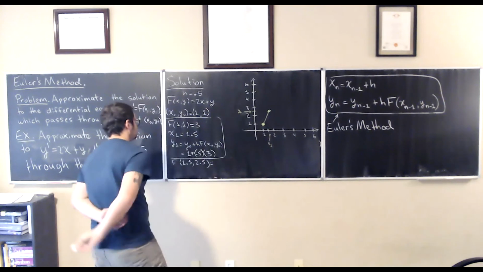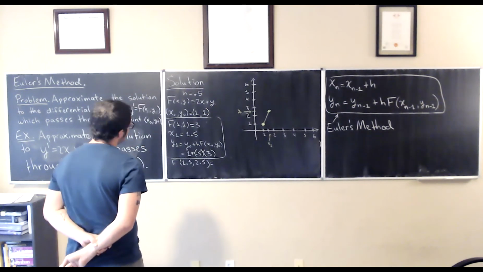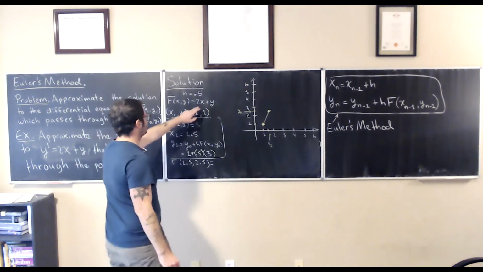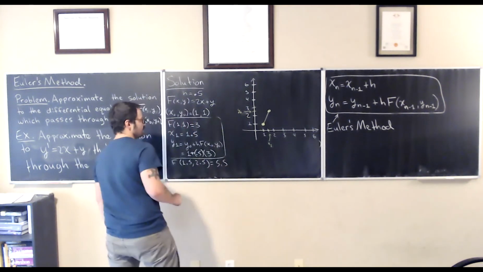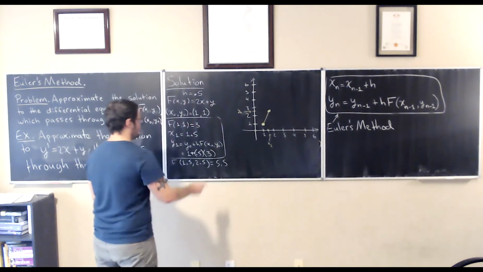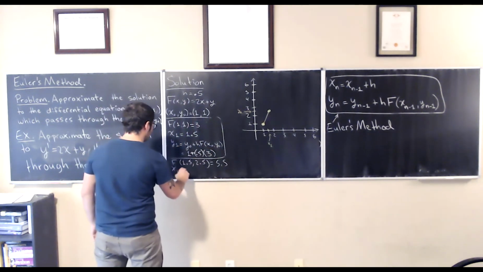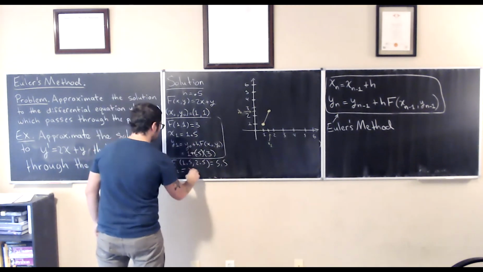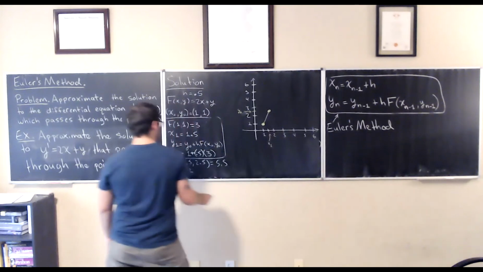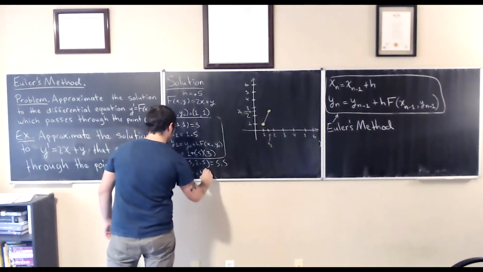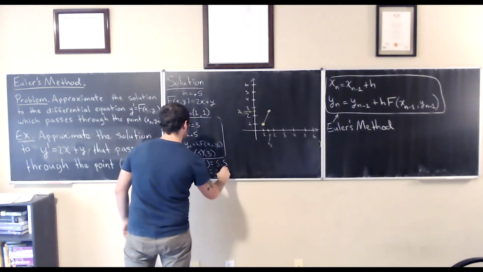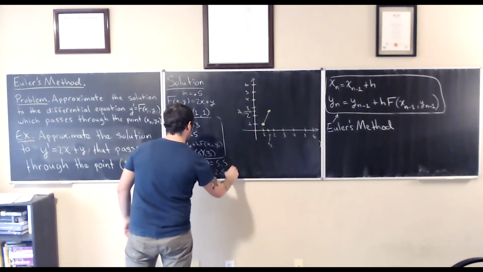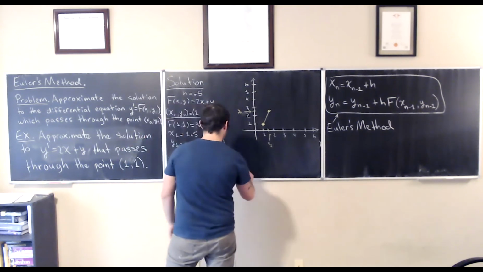So what is that? 3 plus 2.5, so 5.5. Okay, that's the slope. And then our x2 is going to be equal to 2. So we're here now. And then our y2 is equal to 2.5 plus 0.5 times our slope.